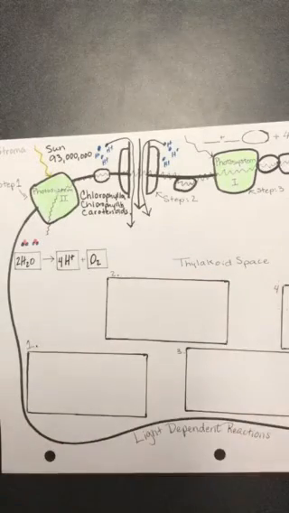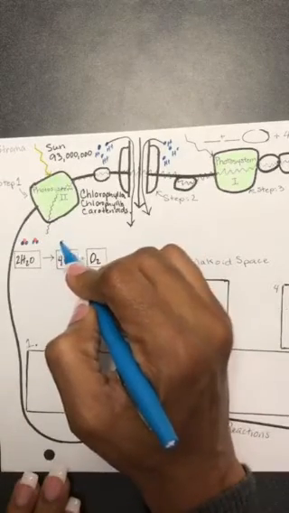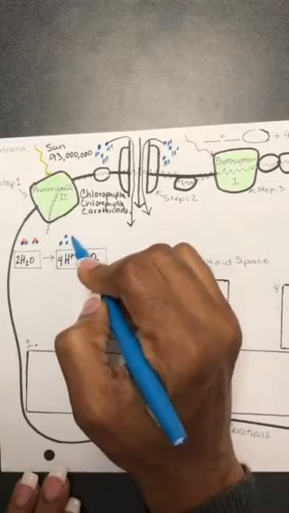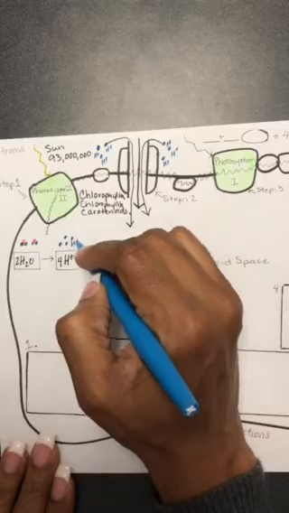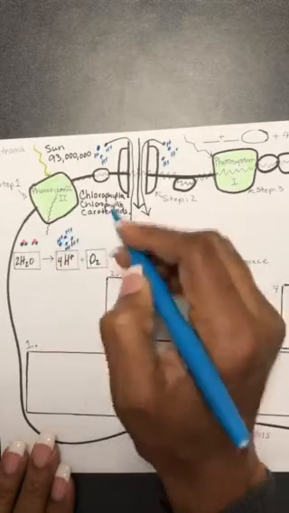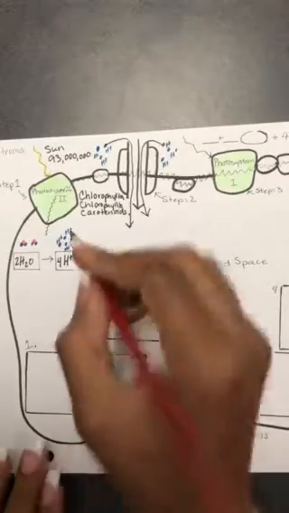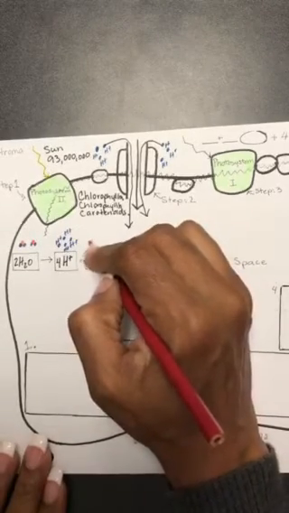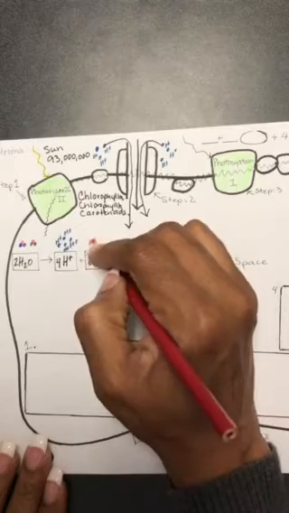So let's go ahead and illustrate our 4 protons. And I like to do a little H plus next to them to indicate their charges. And then for your oxygen, we're going to go ahead and draw them chemically bonded together.